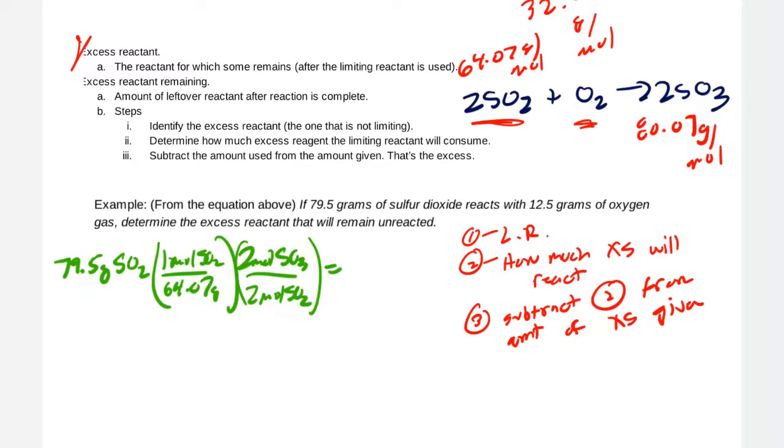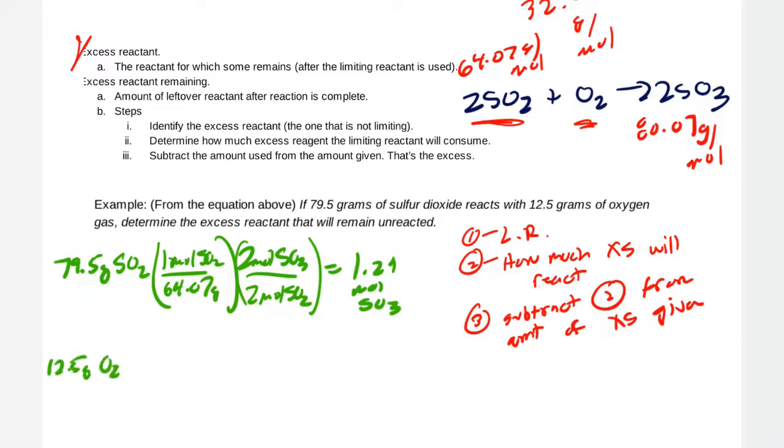Pardon me while I calculate. And I get 1.24 moles of SO3, which is what's theoretically possible from 79.5 grams of sulfur dioxide.